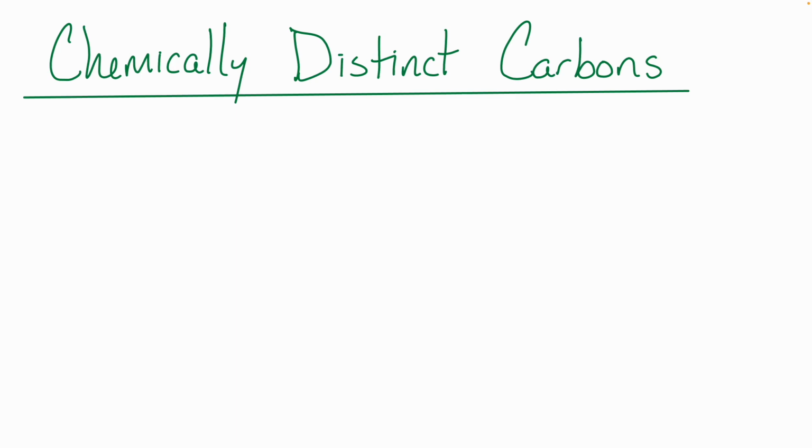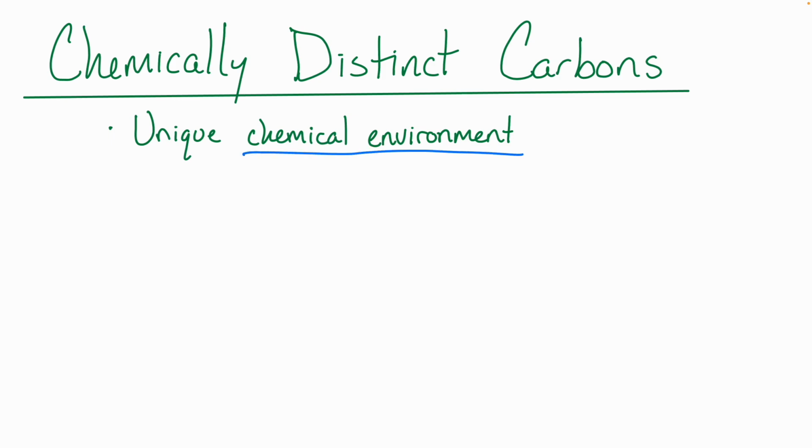By chemically distinct carbons, I mean how many carbons are in a completely unique chemical environment. By chemical environment, I mean all of its neighboring atoms and bonds.